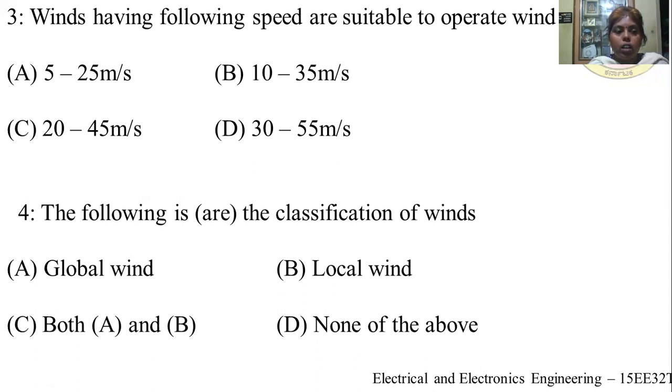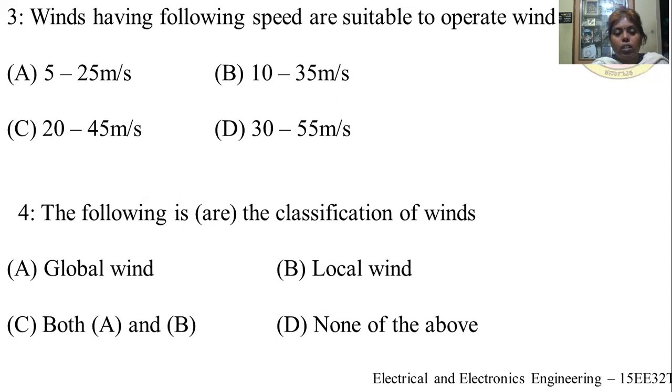The choices are A 5 to 25 meters per second, B 10 to 35 meters per second, C 20 to 45 meters per second, D 30 to 55 meters per second. The correct answer is A, 5 to 25 meters per second is suitable to operate wind turbines.